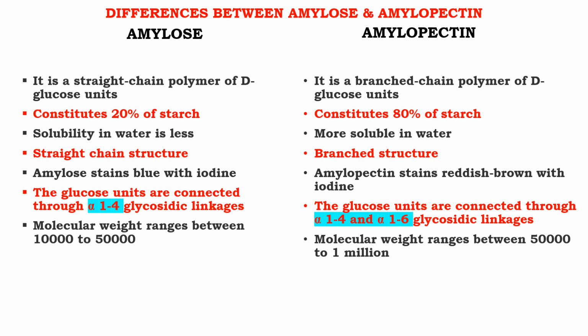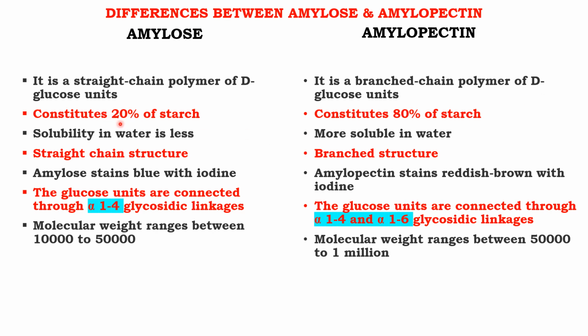See here, amylose is a straight chain polymer of D-glucose units, while amylopectin is a branched chain polymer of glucose units. So the first difference itself shows that amylose is a straight chain polysaccharide, while amylopectin is present in a branched form in starch.